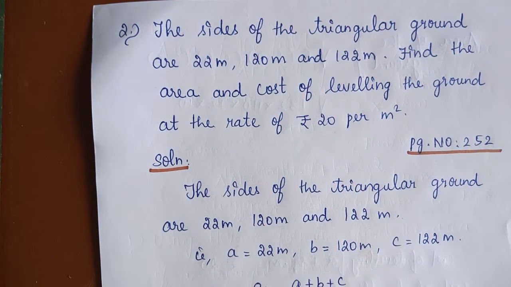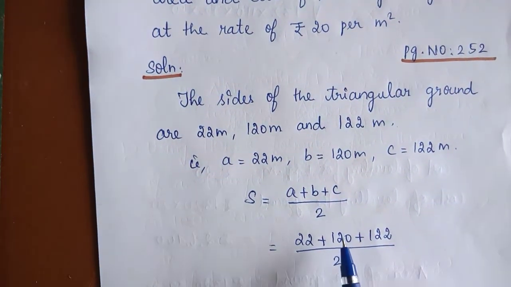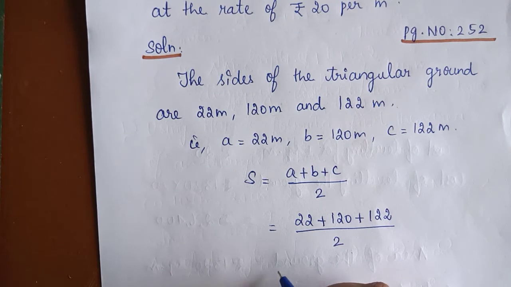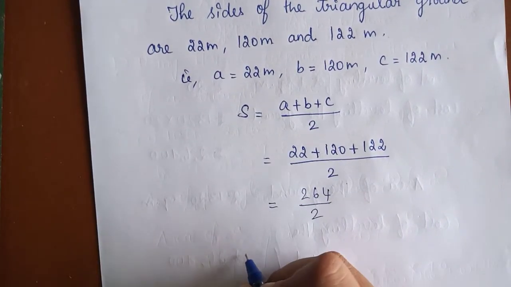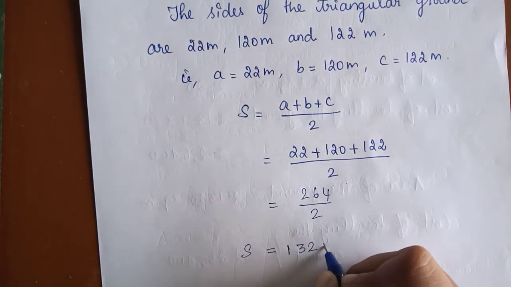So first you have to find the semi-perimeter, that is S is equal to A plus B plus C by 2, which is equal to 22 plus 120 plus 122 by 2, which is equal to 264 by 2, which is equal to, the value of S is equal to 132 meter.